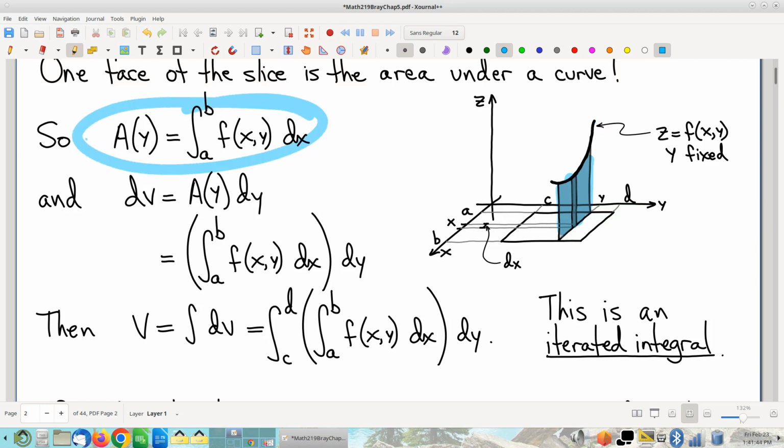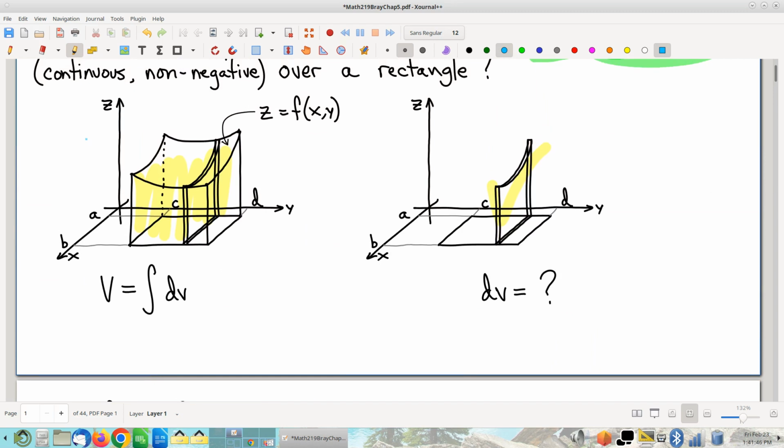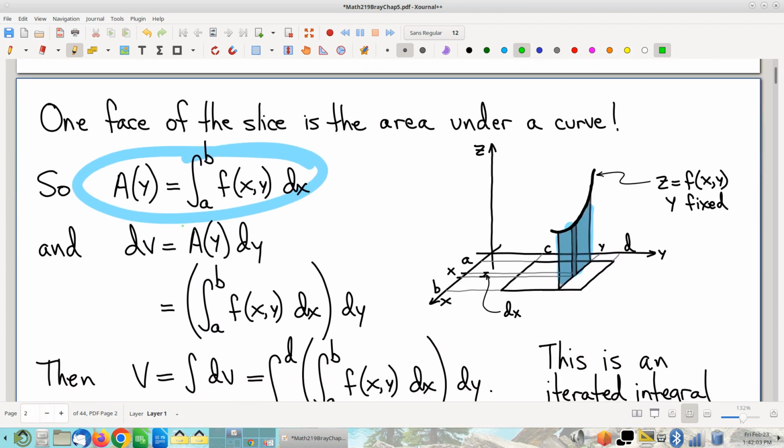So putting together the pieces, we first argued that we want to do an integral in the y direction, the slices of which would look something like that. And then to understand those better, each of those we have to understand as being an integral in the x direction, the slices of which would look something like that.